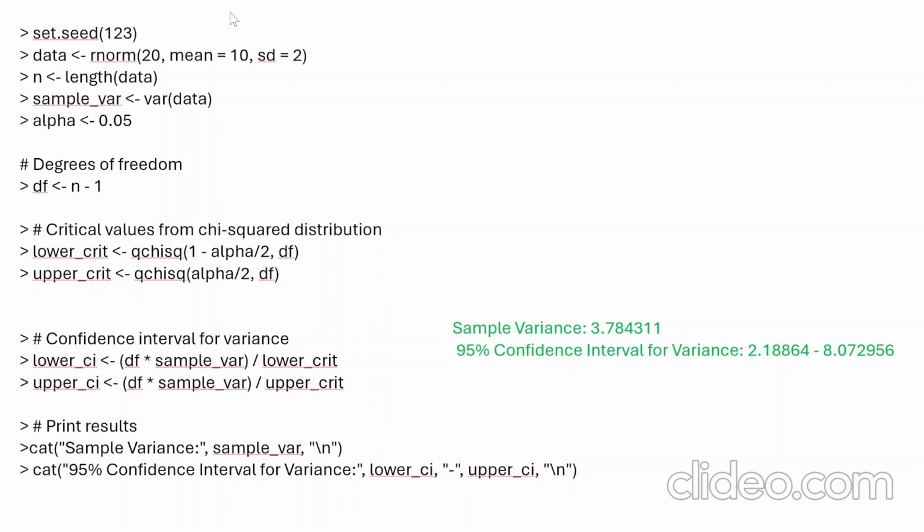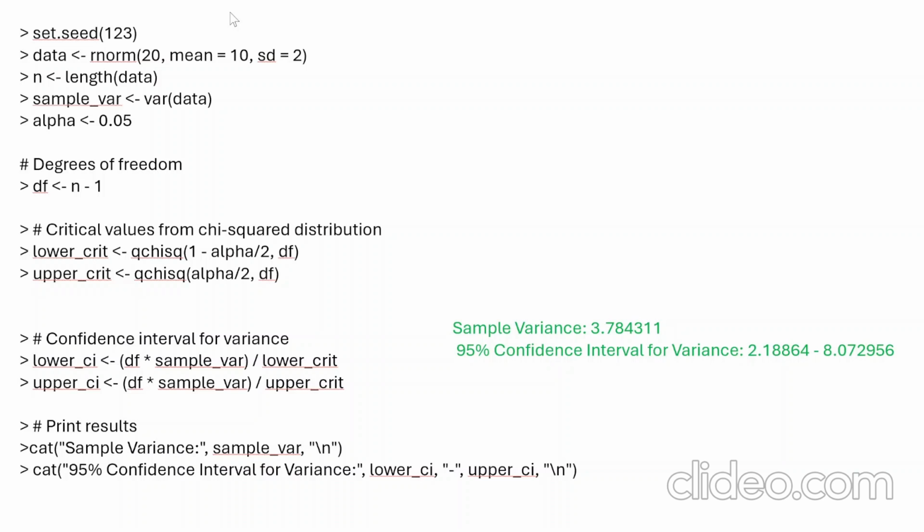Then, as per that discussion, we are just feeding the values: degree of freedom times sample variance divided by the lower critical value, and likewise for the upper critical value. Then we use the concatenate command, which lets us bring both the text and the data together.